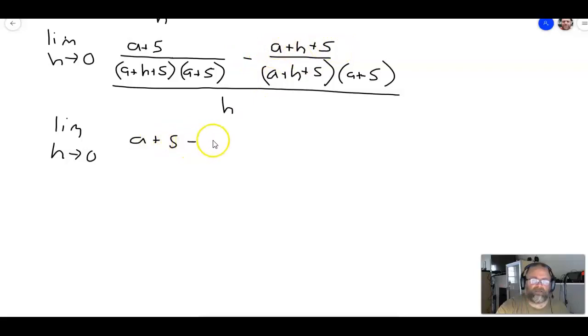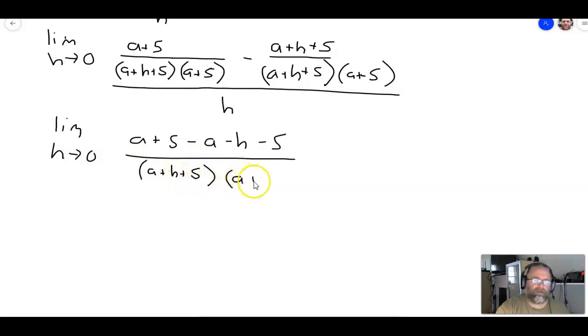That's going to be minus a minus h minus 5 all over that big thing, a plus h plus 5 times a plus 5. And then this is all going to be over h. Now notice that on the top here, the a's will cancel out and the 5's will cancel out, and I'm just left with a negative h.